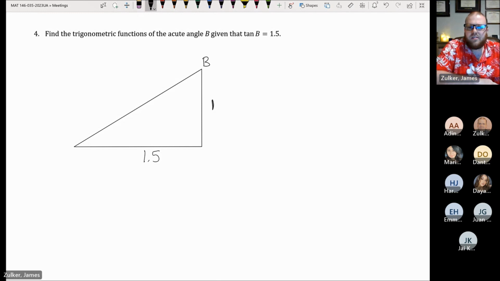But if you recognize 1.5 as 3/2, you can write that. And then the hypotenuse is the square root of 9 plus 4, which is the square root of 13.